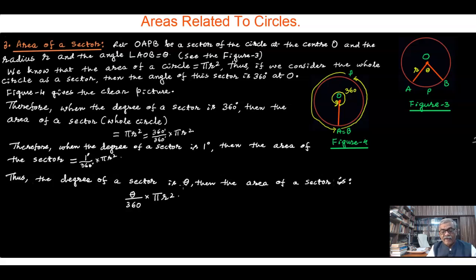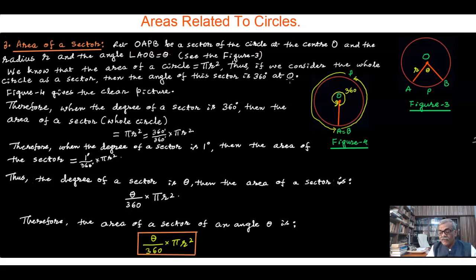When the degree of a sector is theta, then that is going to be theta by 360 into pi r squared. Therefore, the area of the sector is equal to theta by 360 into pi r squared. This is the formula for finding the area of the sector of a circle which makes an angle theta at the center.